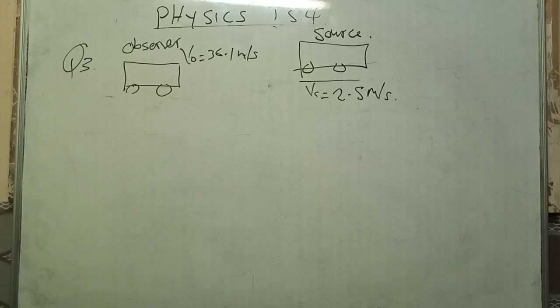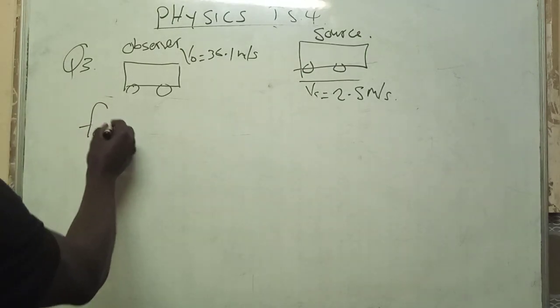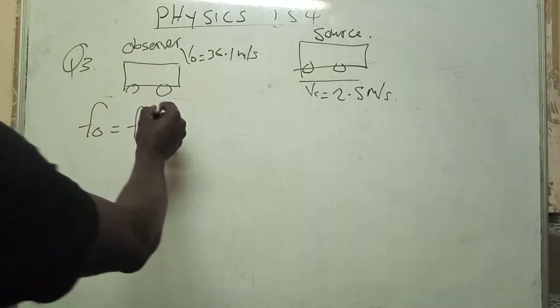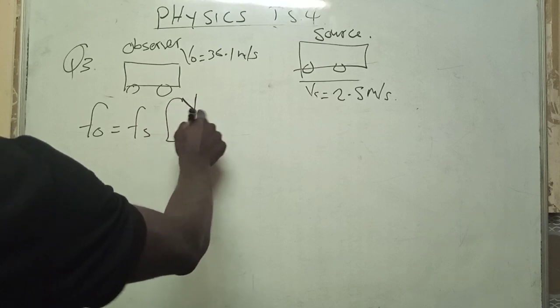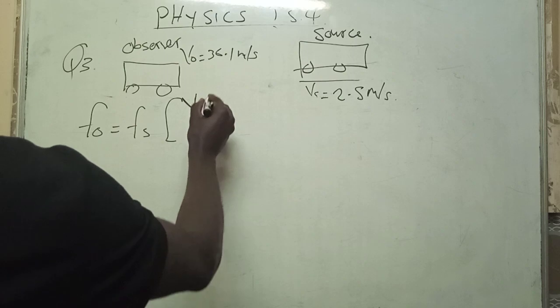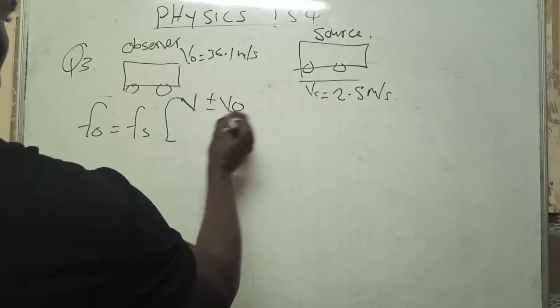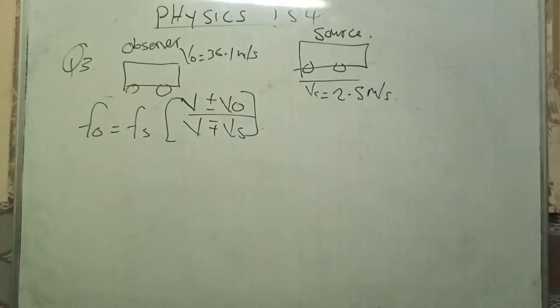We're talking about the fundamental frequency. So we have the frequency of the observer equal to the frequency of the source times the velocity V plus or minus Vo over V minus or plus Vs. So I want to explain something here.